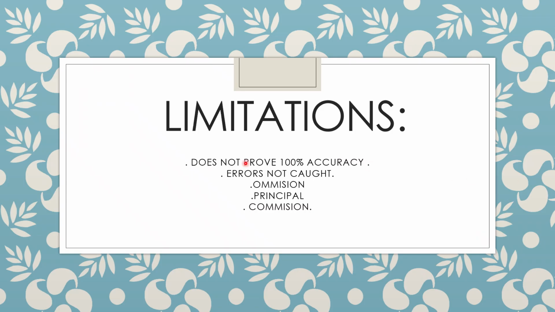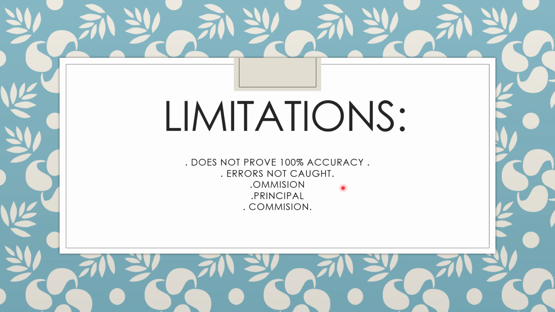Now we have the limitations of the trial balance. The trial balance is actually a very useful tool, but it has limitations as well, like it does not prove 100% accuracy, and it might not identify errors like omission, if we omitted any transaction, and the principal error, the commission error.